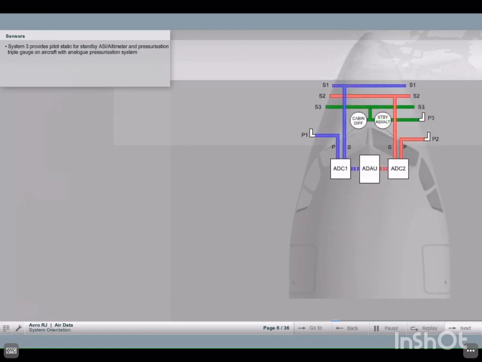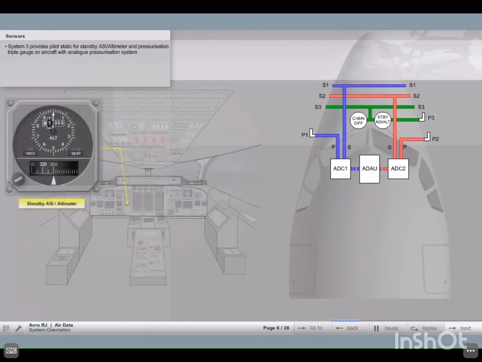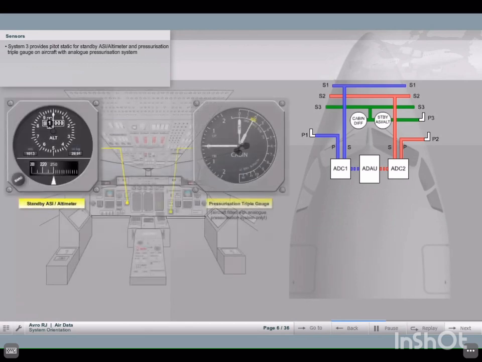The number 3 system provides pitot-static for the standby airspeed indicator, altimeter, and the pressurization triple gauge on those aircraft fitted with an analog pressurization system.